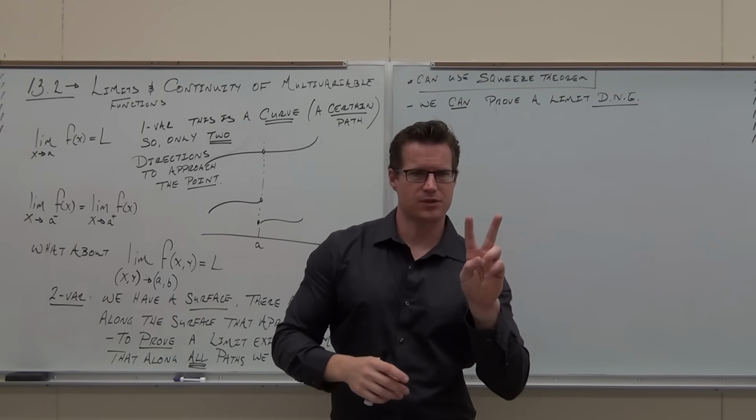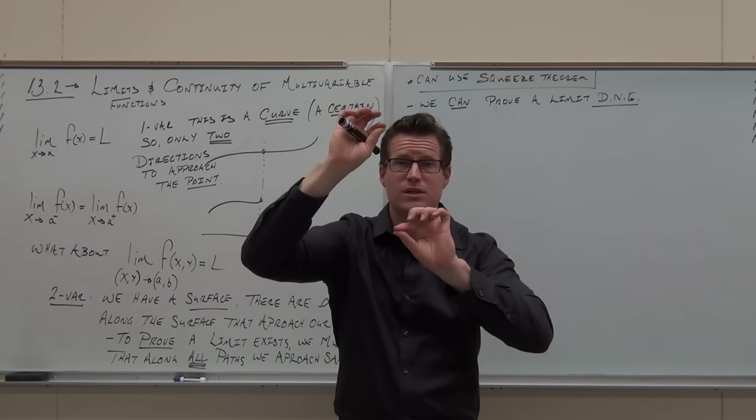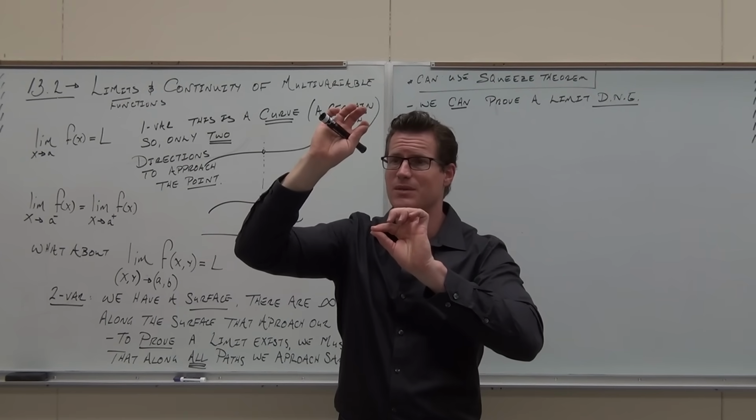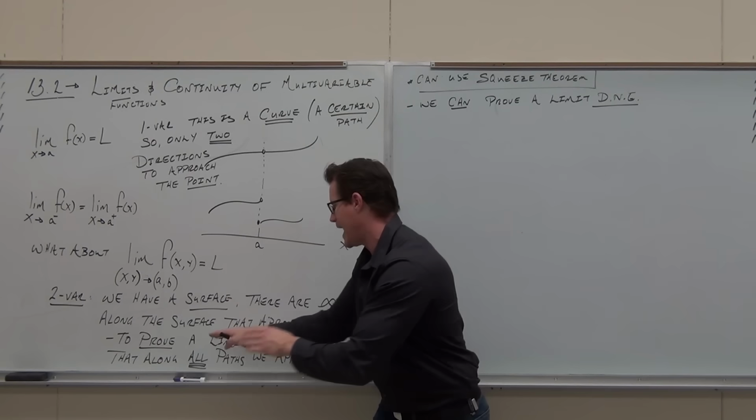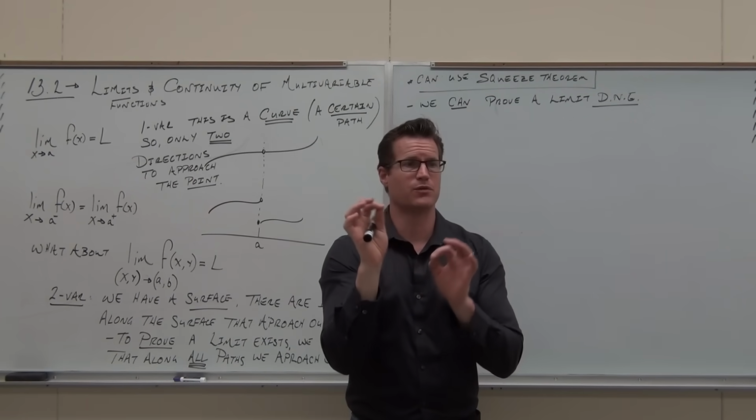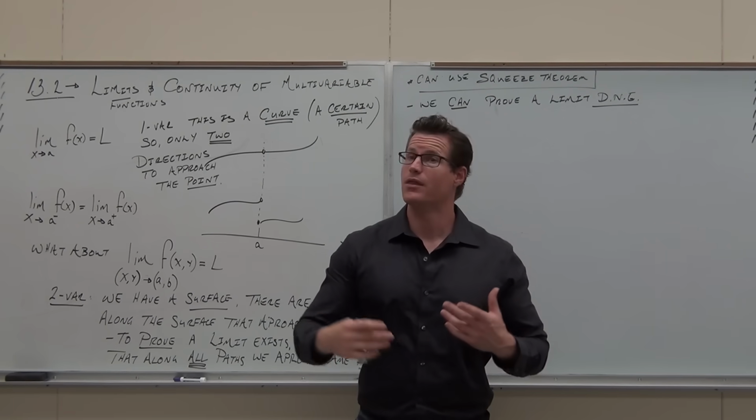And it only takes two paths, because if we can show two paths don't equal the same height, that right there is enough to say the limit doesn't exist. Why? Because for the limit to exist, we have to show that every single path goes to the same value. If we prove that two don't, we've proven that wrong. That's the point.